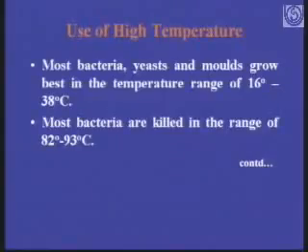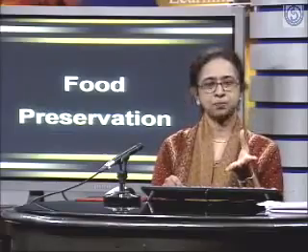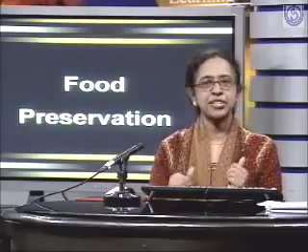So we know that between 16 to 38 degrees centigrade, they grow quite well, they grow best in that temperature range. But at the same time, most bacteria are killed in the range of 82 to 93 degrees centigrade. Now, did you notice a difference between these 2 points? In the first one, we are mentioning bacteria, yeasts as well as molds, all three, and we are saying that they grow best in that kind of a temperature range.